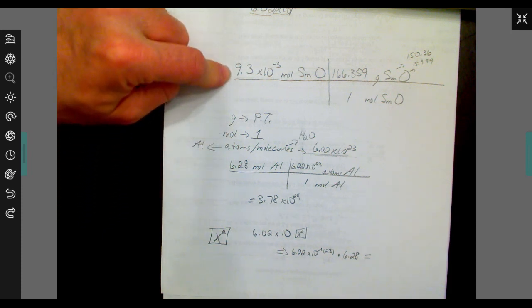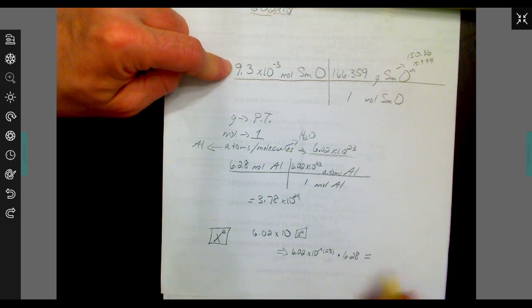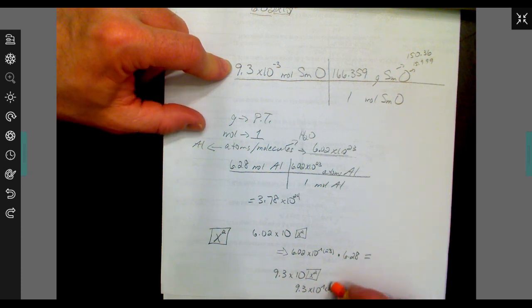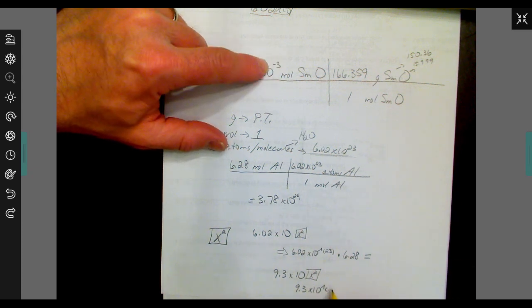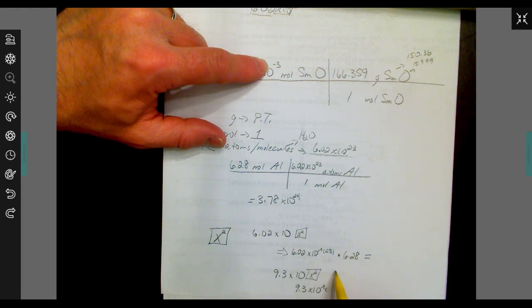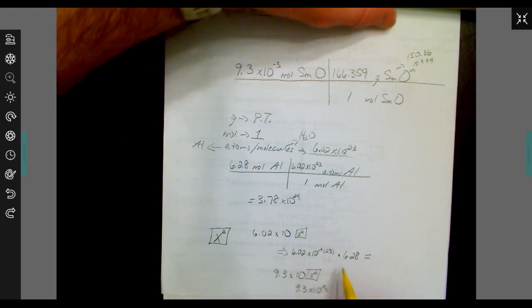If you wanted to type in something like this with your Android, you would just type 9.3, hit the times, hit the 10, hit that x squared button. It then is going to look like 9.3 times 10 raised to the 2, correct? So we're going to erase the parenthesis and erase the 2, and we need to put in a negative 3. I can't remember if yours has a minus or a plus minus, compared to the Apple.